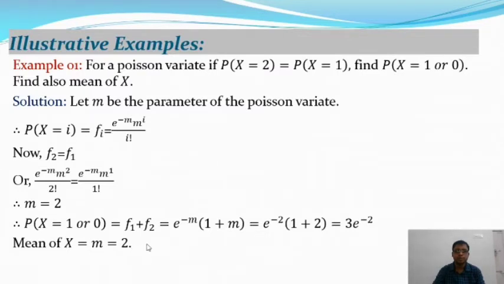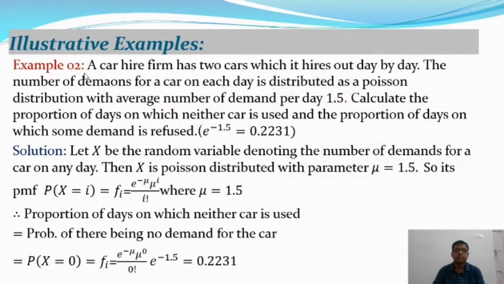Okay. So after that we are going to take one more example on the Poisson variant. A car hire firm has 2 cars which it hires out day by day. The number of demands for a car on each day is distributed as a Poisson distribution with average number of demands per day 1.5.